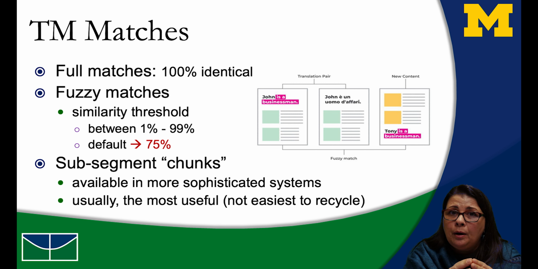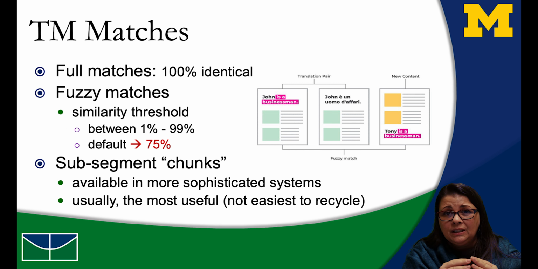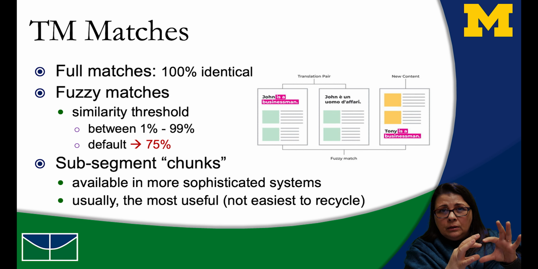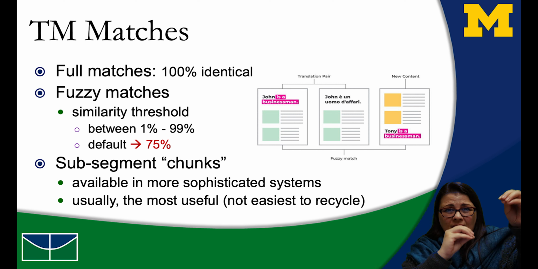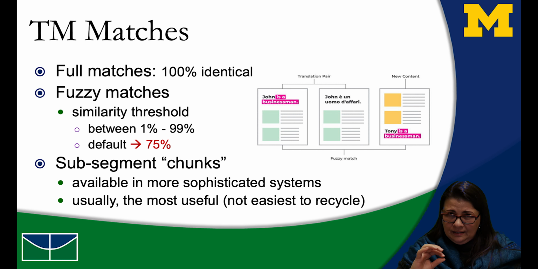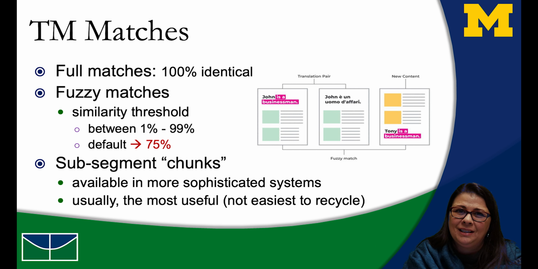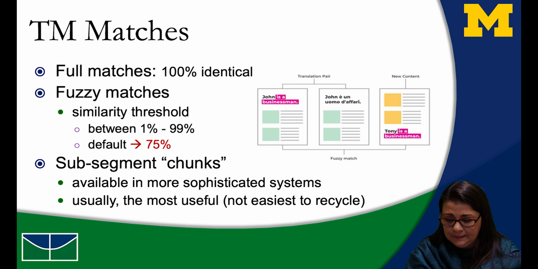So these are the most helpful kind of identification of similarity, but it's the hardest to use because that stretch of 4 words is in the middle of a long sentence, and it's hard for you to identify that inside that long sentence.